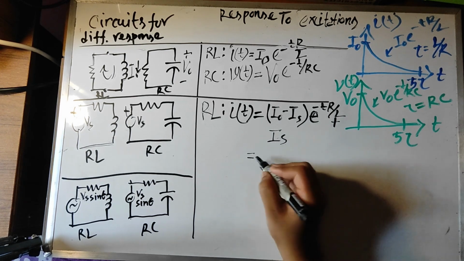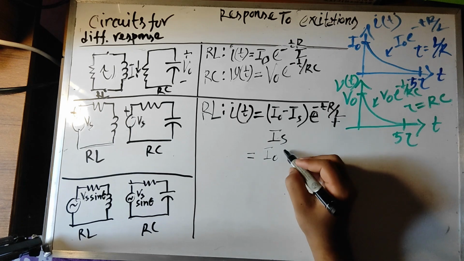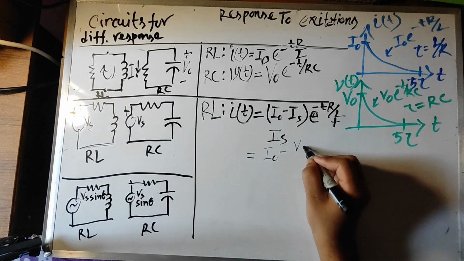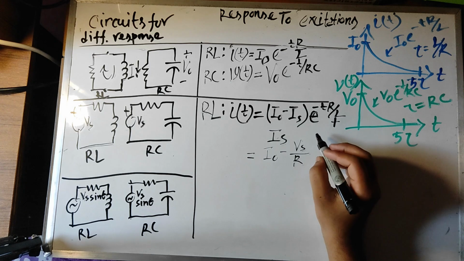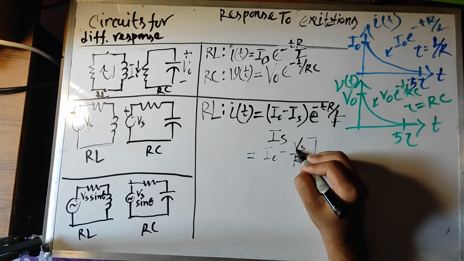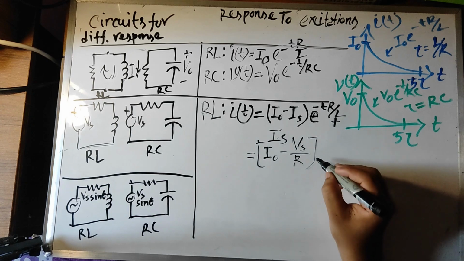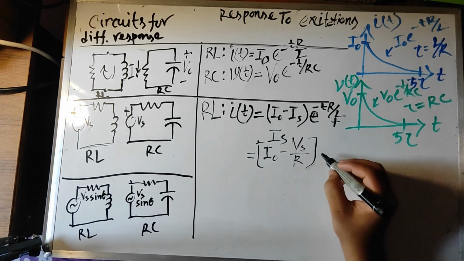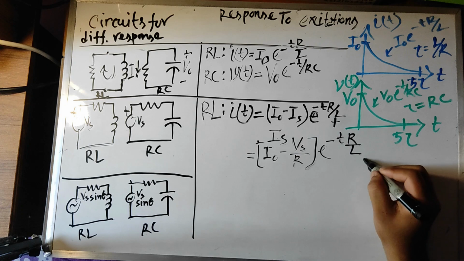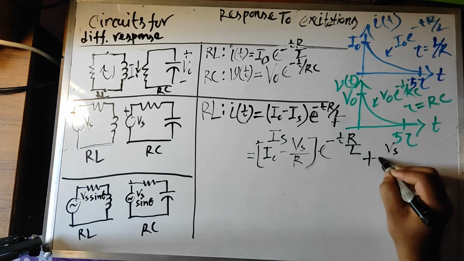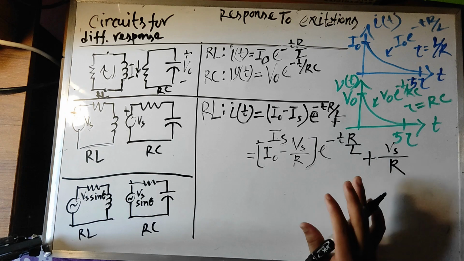Or we can also write this equation like this: the initial current minus Vs, the DC voltage, by R, then e to the power minus tR by L plus Vs by R. So this is the complete response to step input for the RL circuit.